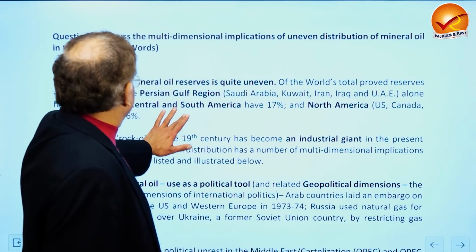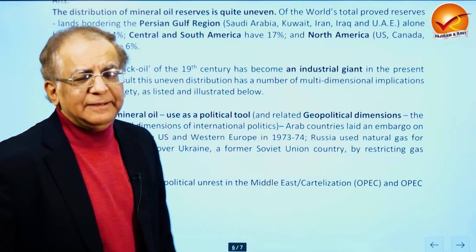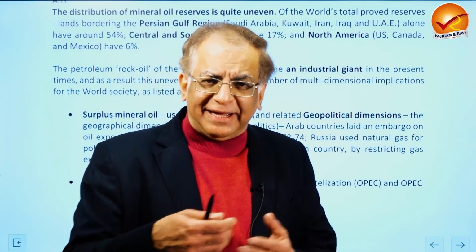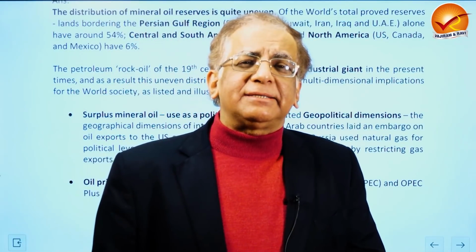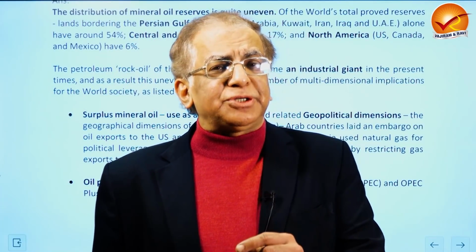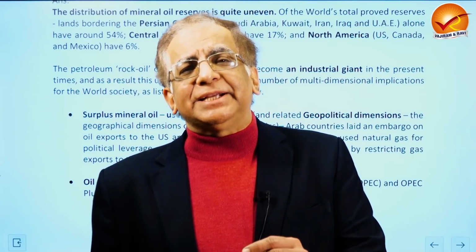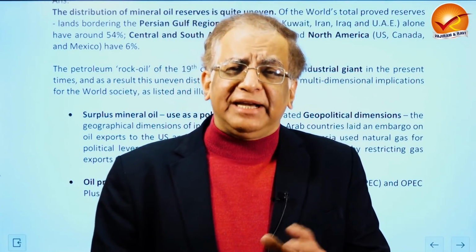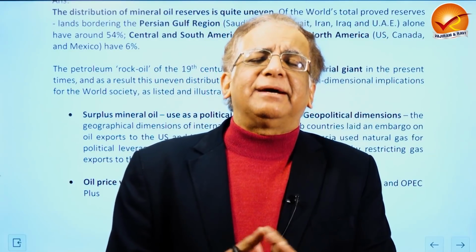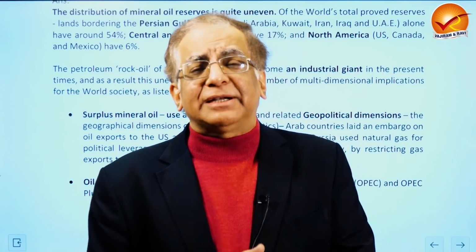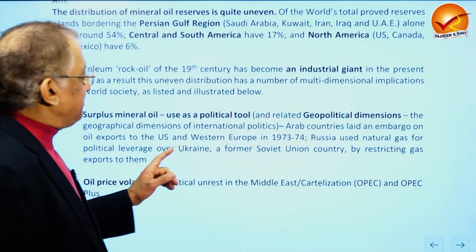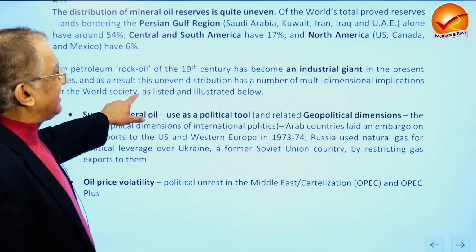So having given this, now I move on to understand that this uneven distribution of oil has implications in many fields of our human life today, in many different fields of world society. And to make this point, I first create a reason for it.